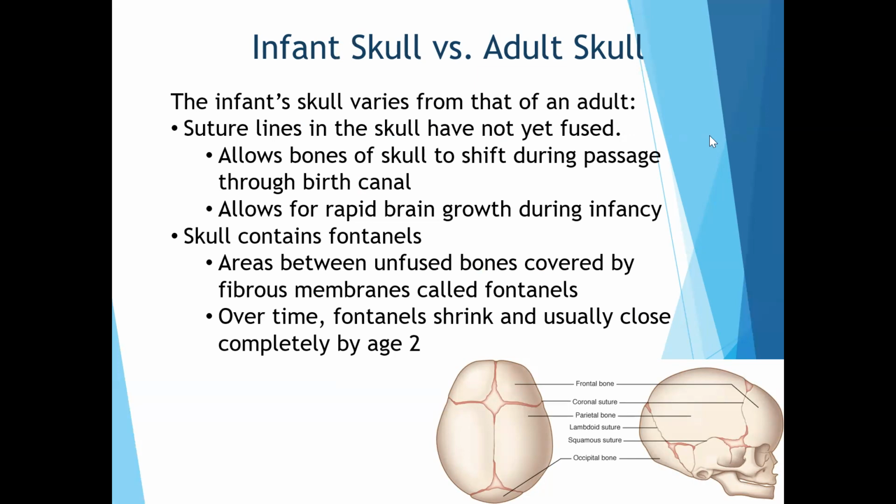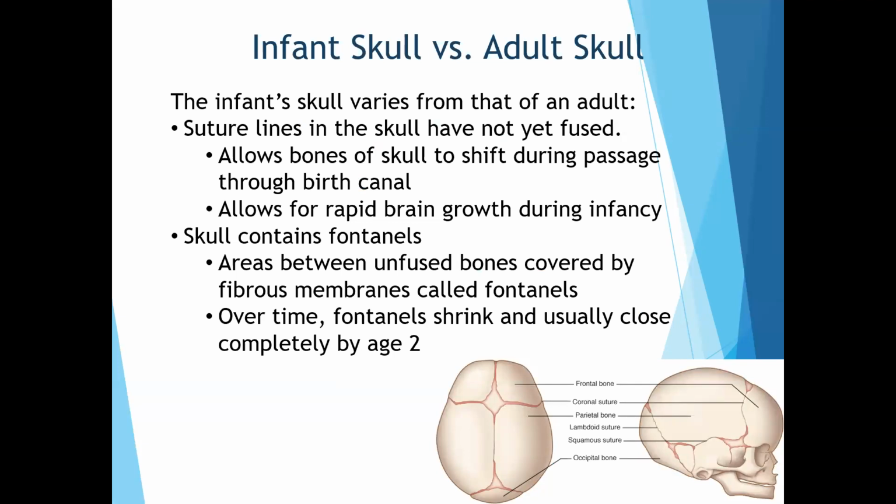This also allows for brain growth during infancy. So instead of being super rigid, we just talked about how if there's an injury in the brain, there's really no space. So as our brain grows, we need that space. So our skull is a little bit more flexible. I'm sure you guys have heard of the soft spots on a skull. And so the technical term for that is a fontanelle.